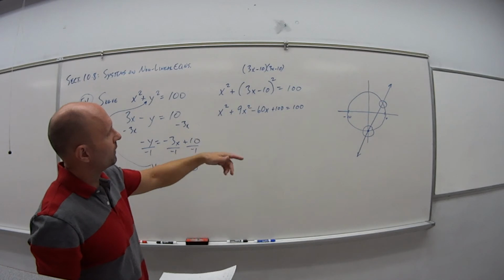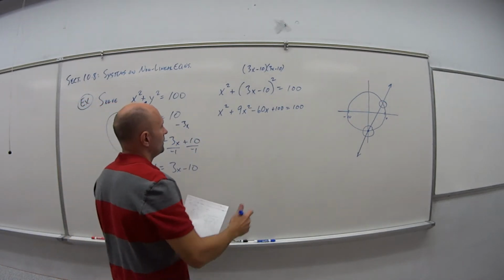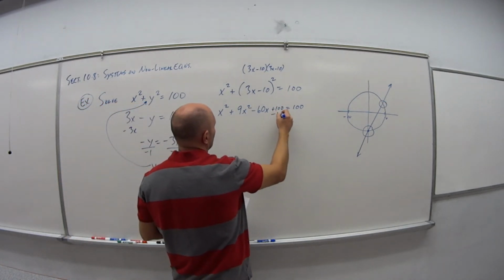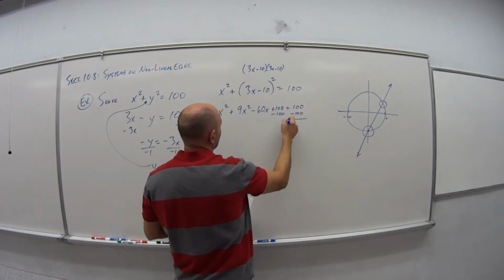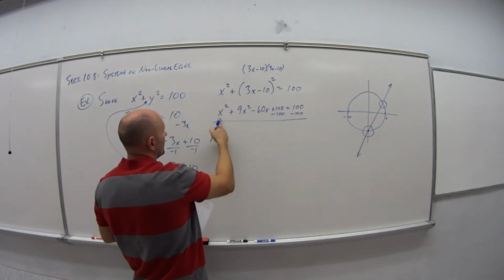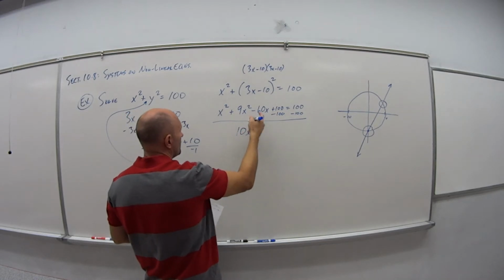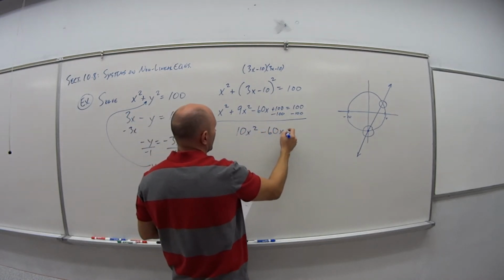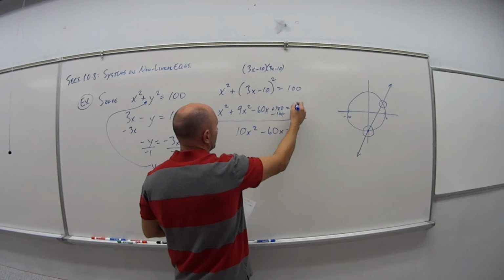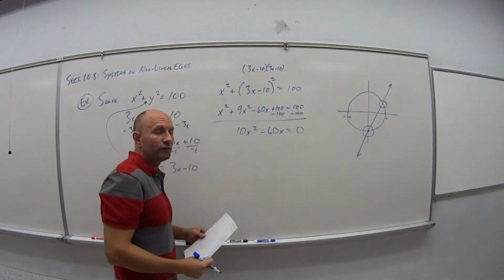Now I have one equation with one variable. If I subtract 100 from both sides, I have to solve for x. I get x squared plus 9x squared is 10x squared minus 60x, and the hundreds canceled out, so this equals 0.